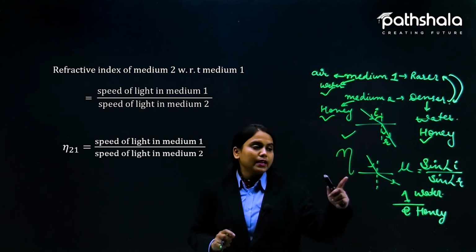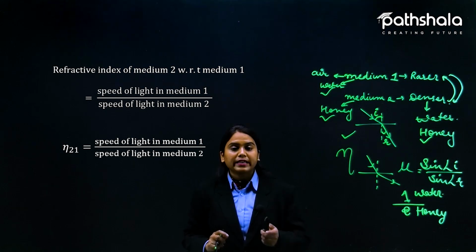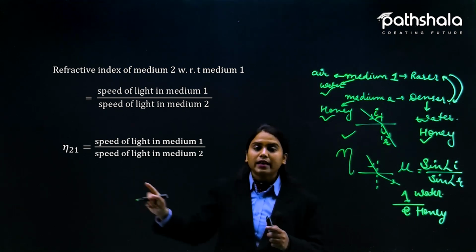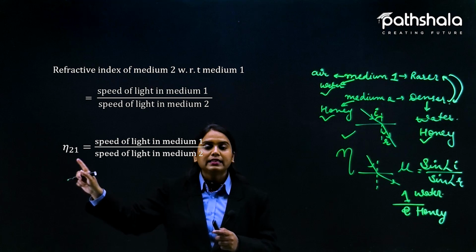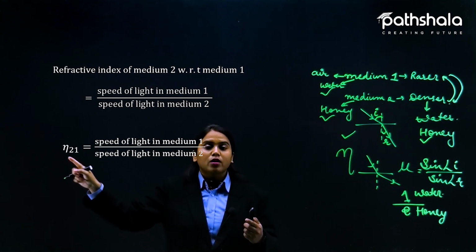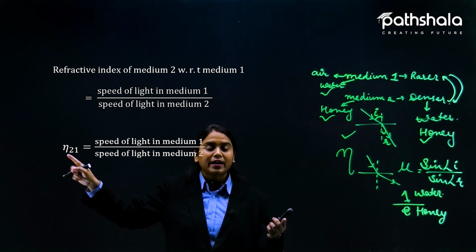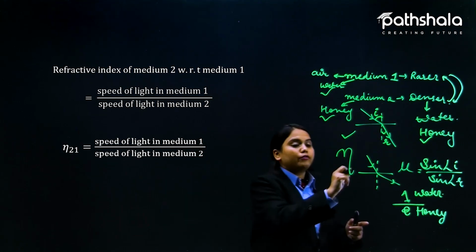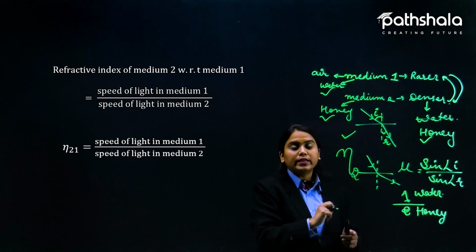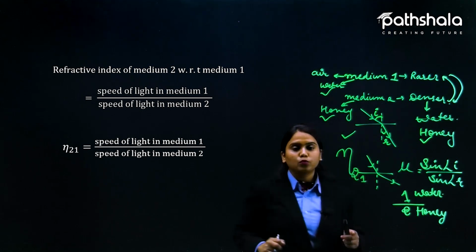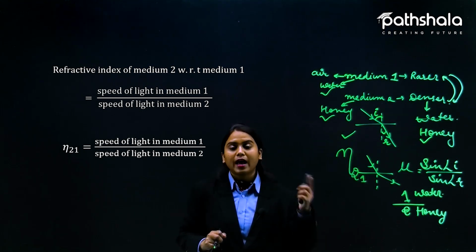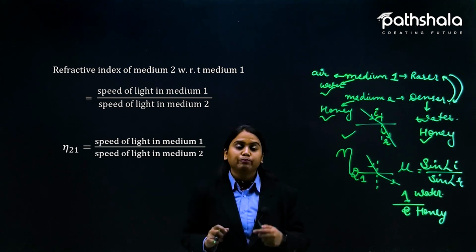So this one is again the refractive index sign. Here you need to find the refractive index of 2 with respect to 1. So we put 1 after and then 2 here.